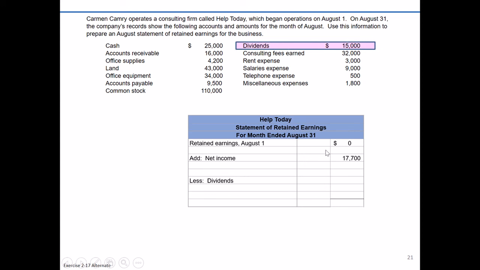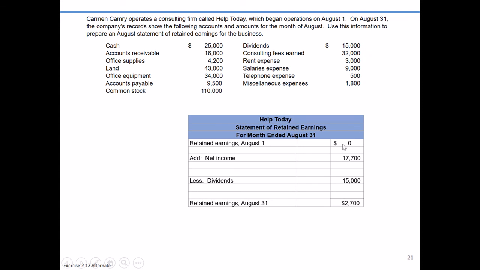Remember, earnings since the beginning of time minus any distributions to our stockholders. So we need to look at any current period distributions to our stockholders, and we find that in the dividends account, and that's $15,000. That takes away from the earnings we maintain in the business, which is why we show a subtraction. So then we have our ending period retained earnings as of August 31st.